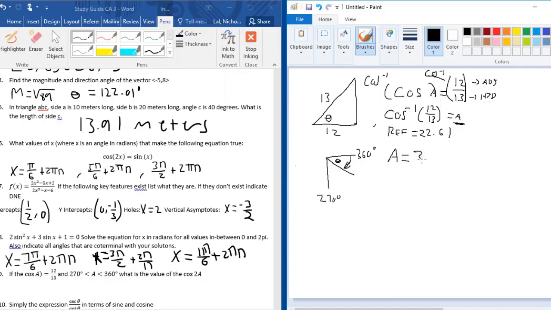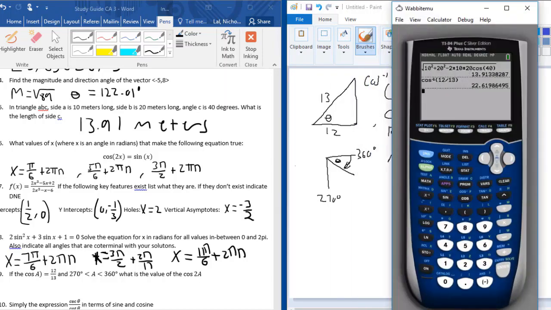So to find our actual angle, A is equal to 360 minus 22.61. Our quadrant 4 angle is 337.38 degrees.